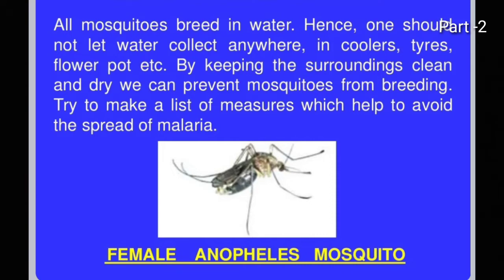So there should not be standing water in coolers, tires, flower pots, etc. By keeping the surroundings clean and dry, we can prevent these mosquitoes from breeding. Why? Because these mosquitoes mostly breed in dirty, standing water. So if we keep our surroundings and environment clean, there is no chance for such mosquitoes to breed.